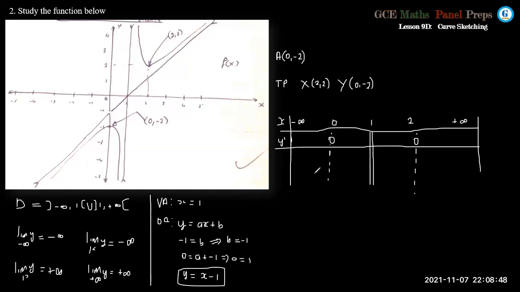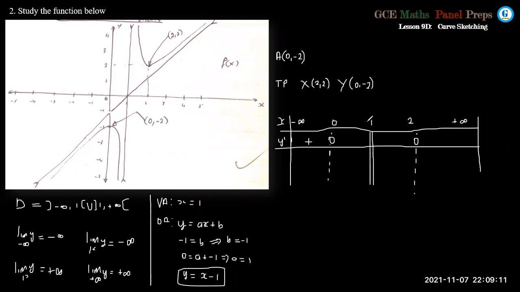Now let us get the signs. For this function from negative infinity to 0, what's happening? Look at the curve. It's increasing. It's going up. From negative infinity, the curve is climbing, so it's positive.